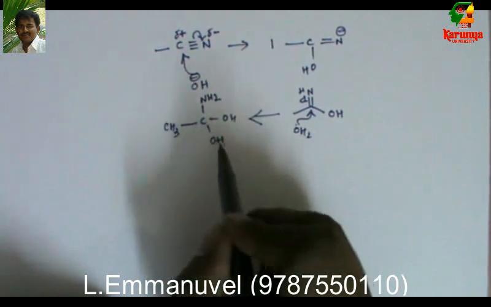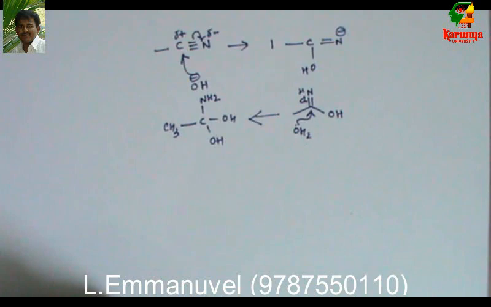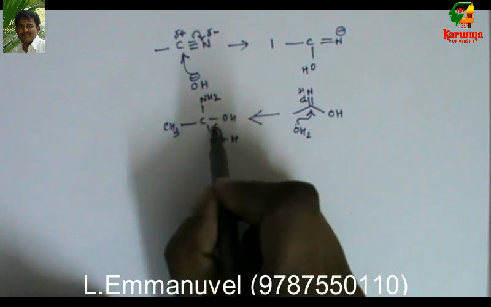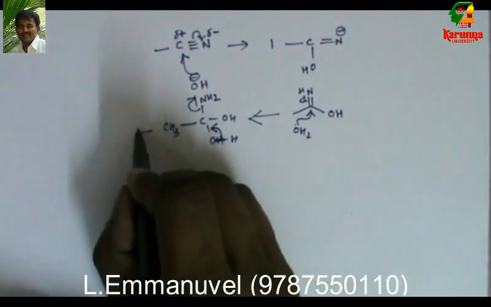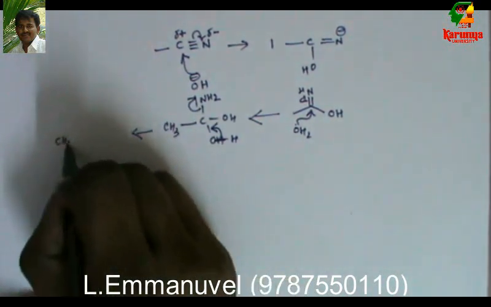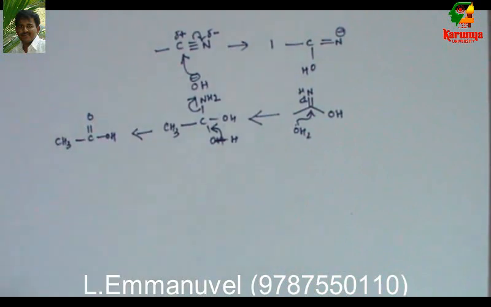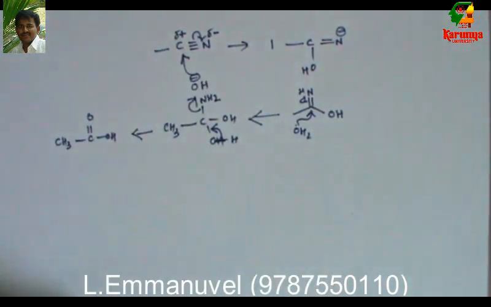There are 3 heteroatoms, all 3 are heteroatoms, so that is highly unstable. What it will do, this bond will break here and it will eliminate ammonia to give acid. So this is hydrolysis of nitrile using base.